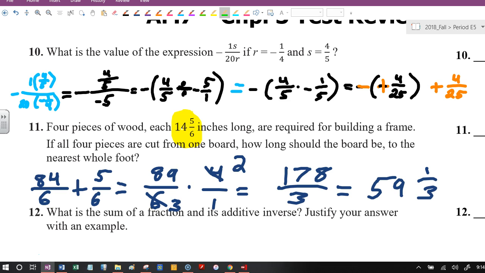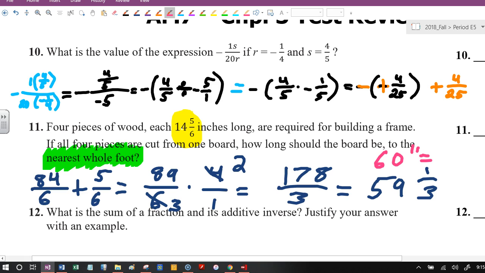Now that we have that answer, we need to find it to the nearest whole foot. How do we do that, Patrick? How many inches in a foot? 12 inches in a foot. And if we multiply 12 times 5, we get 60, which is very close, 2/3 greater than 59 and 1/3.